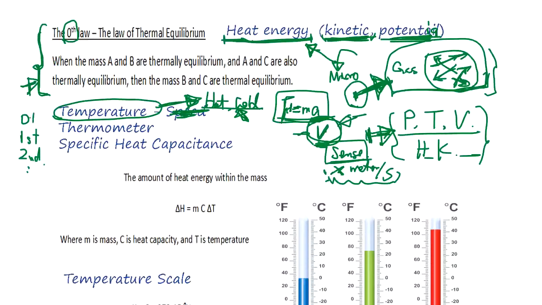Let's put in the zeroth law, okay? That's why it's got the name zeroth law, the law of thermal equilibrium. Basically what it's saying is when A and B are in thermal equilibrium and A and C are also in thermal equilibrium, then B and C are in thermal equilibrium.